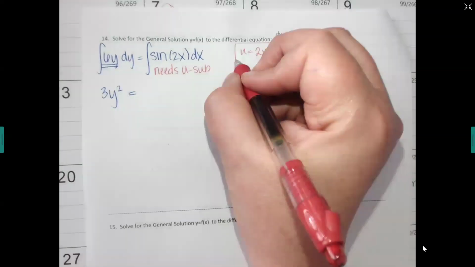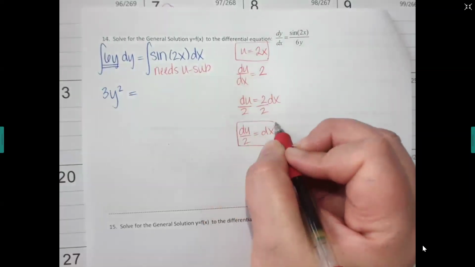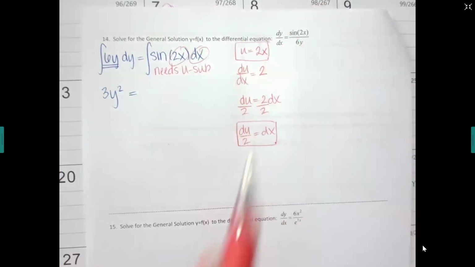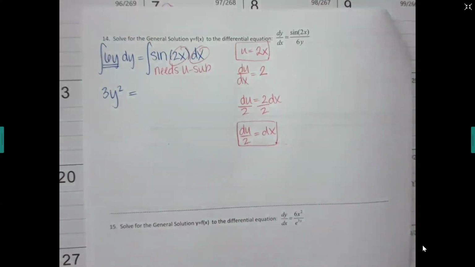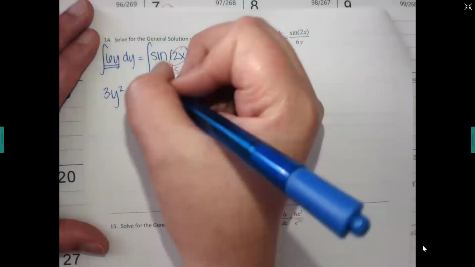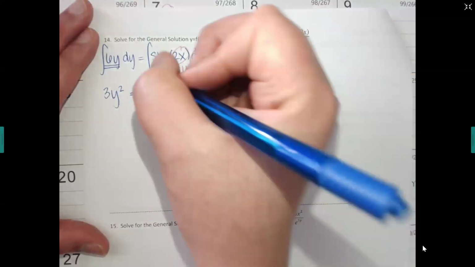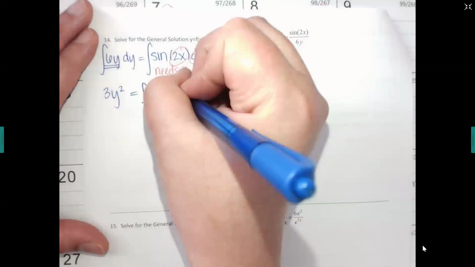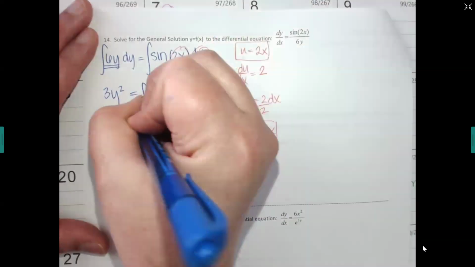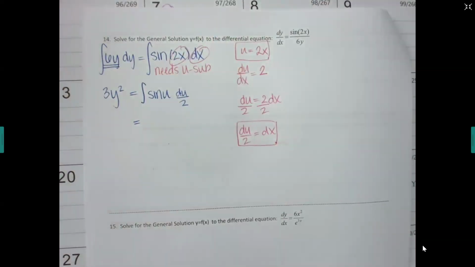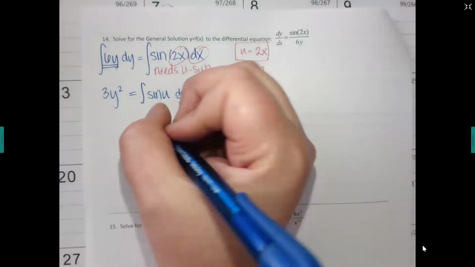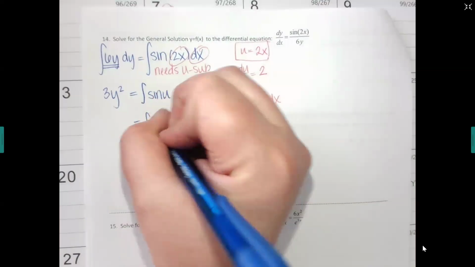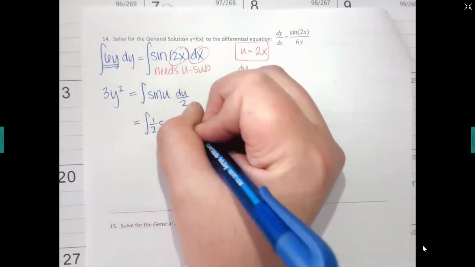Okay, top and bottom are what you're using to substitute the 2x and the dx. My sine 2x is now a sine u. And then my dx is a du over 2. Okay, before you do anything, rewrite that over 2. I'm going to pull it to the front as a 1/2 sine u du.